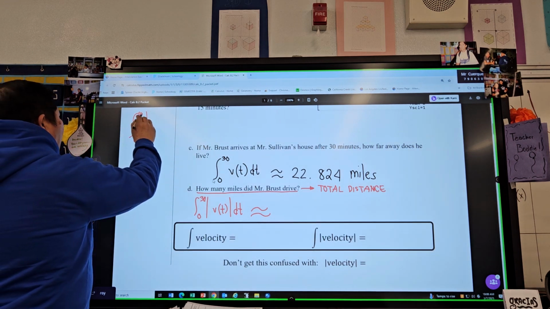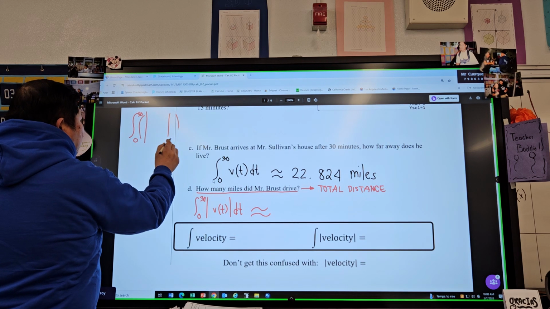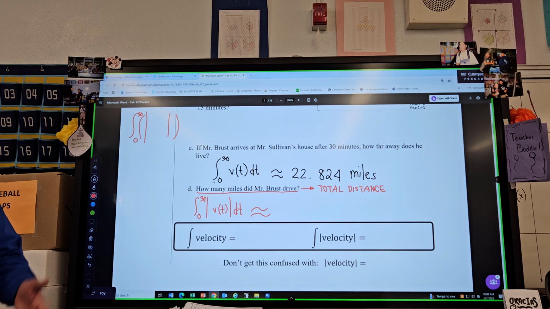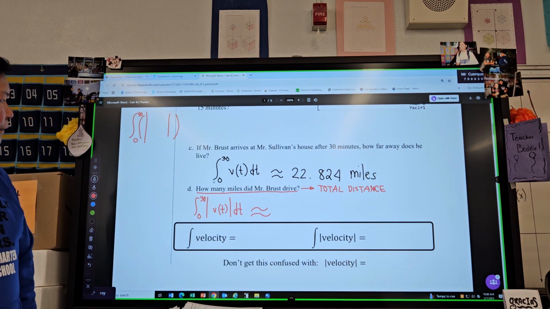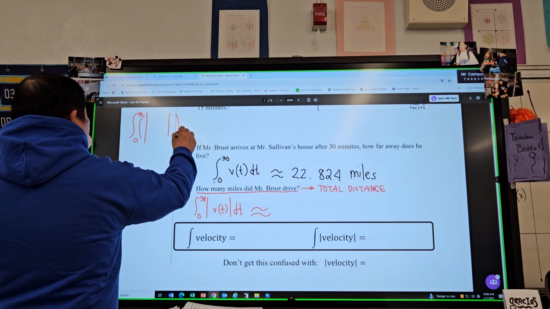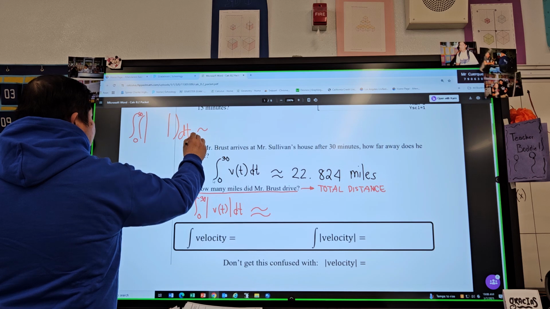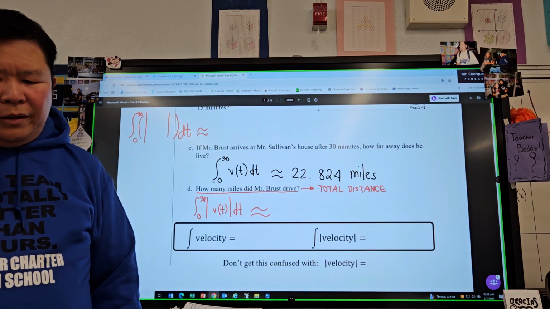So once you type, you have this. And then you now type inside the absolute value the velocity function given, and then dt. And this is approximately. Anybody has the answer?